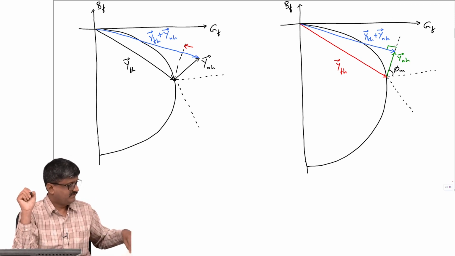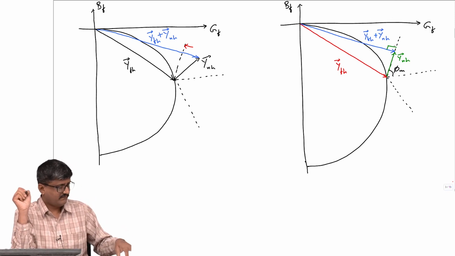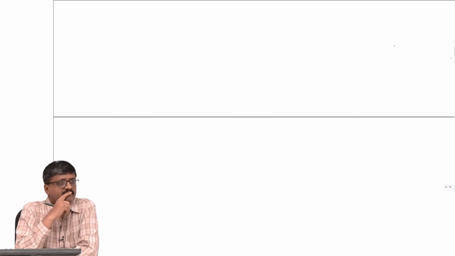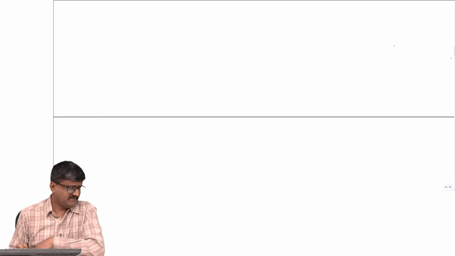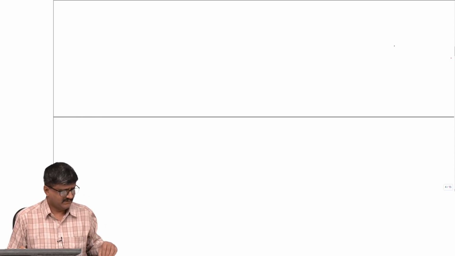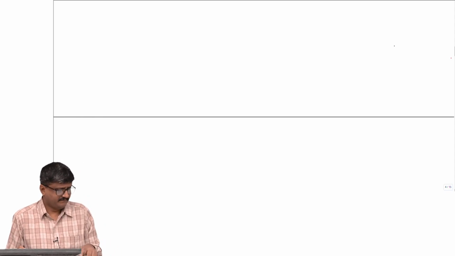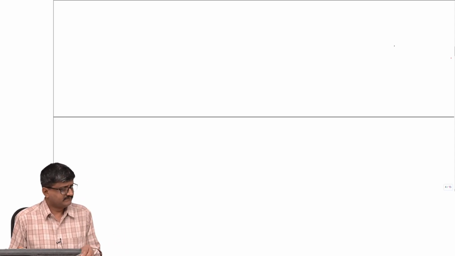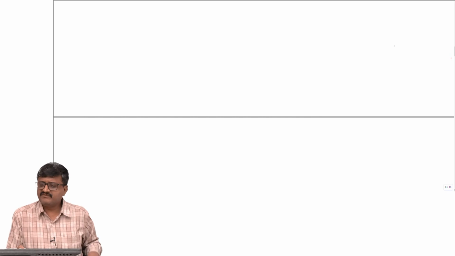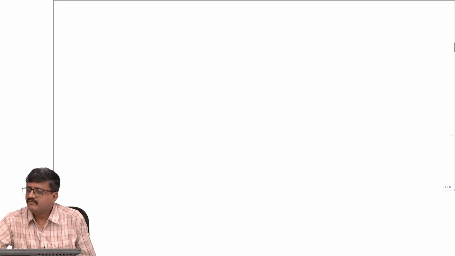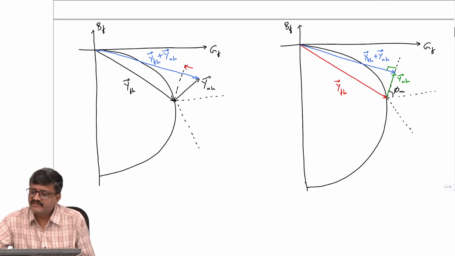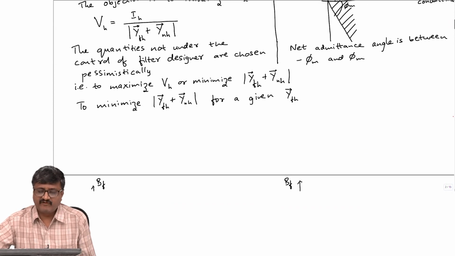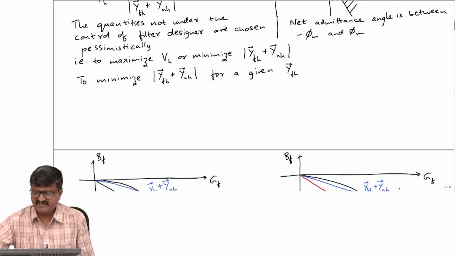Okay. Fine. Okay. Now, please note what we have done here is chosen the value of y n h pessimistically, that is, the worst case value.